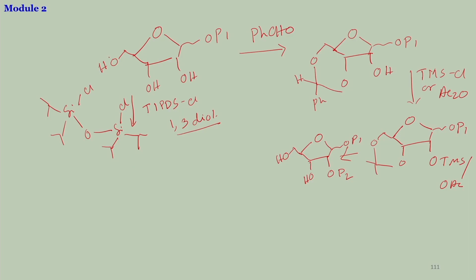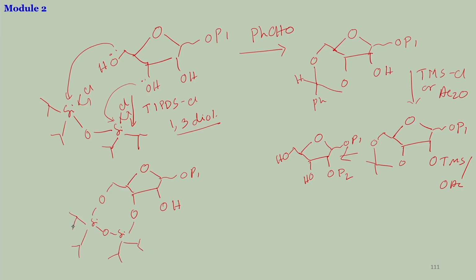In this case you will get elimination of chloride, and at the C3 you will get the elimination of the chloride. This OH will remain free, O, Si, O, Si, with isopropyl, isopropyl.